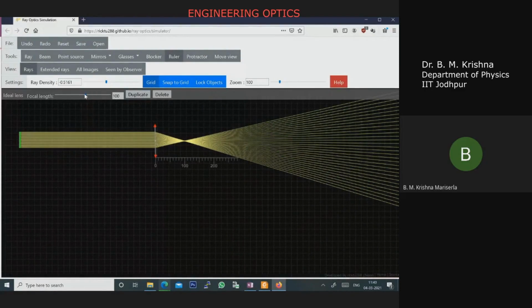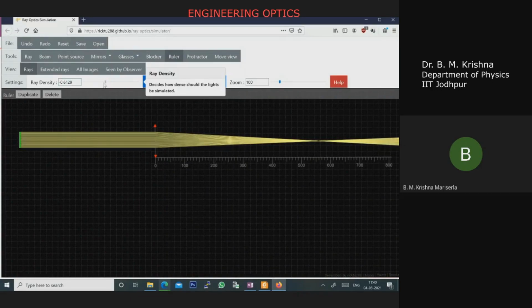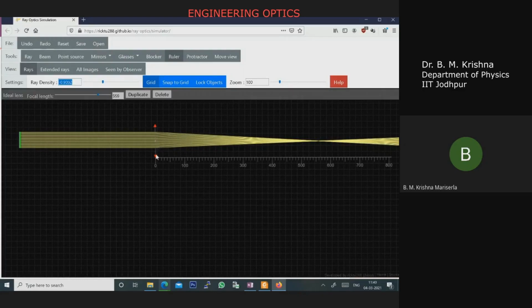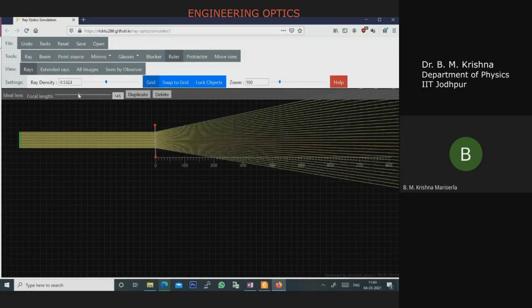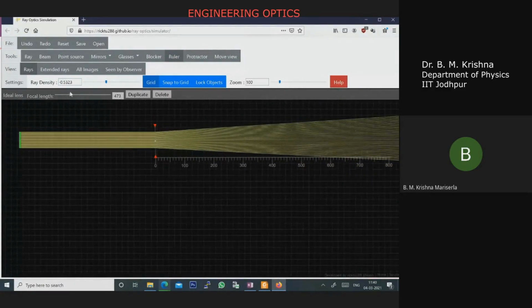You can also play with your focal length. I can also extend this ruler. Now you change your focal length. If it is a negative lens, what is meant by negative lens?